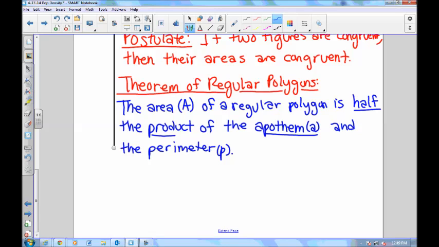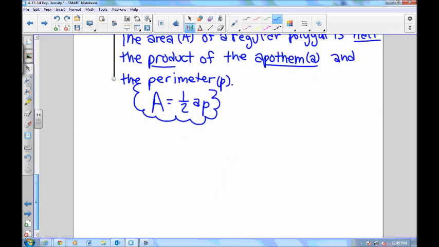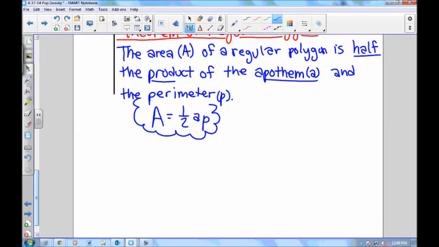So essentially, the area of any regular polygon is half of the apothem times the perimeter.